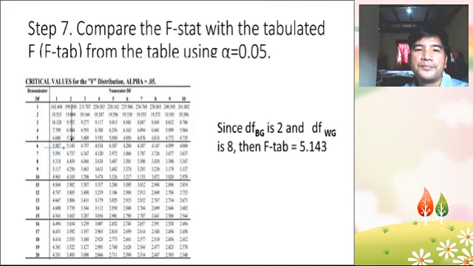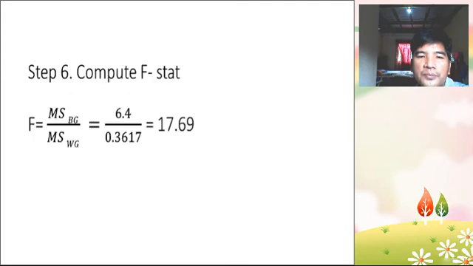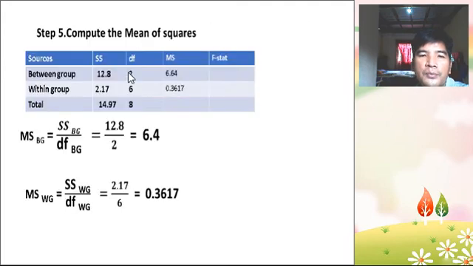Next, you are going to compare the F-stat with the tabulated F, or F-tab, from the table using an alpha level of significance of 0.05. You use the degree of freedom between group, which is 2, and the degree of freedom within group.